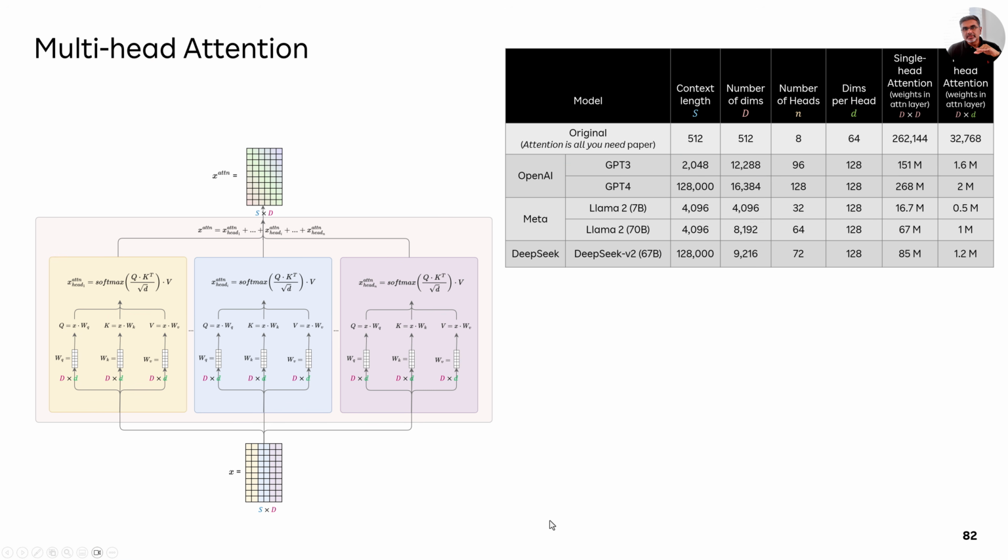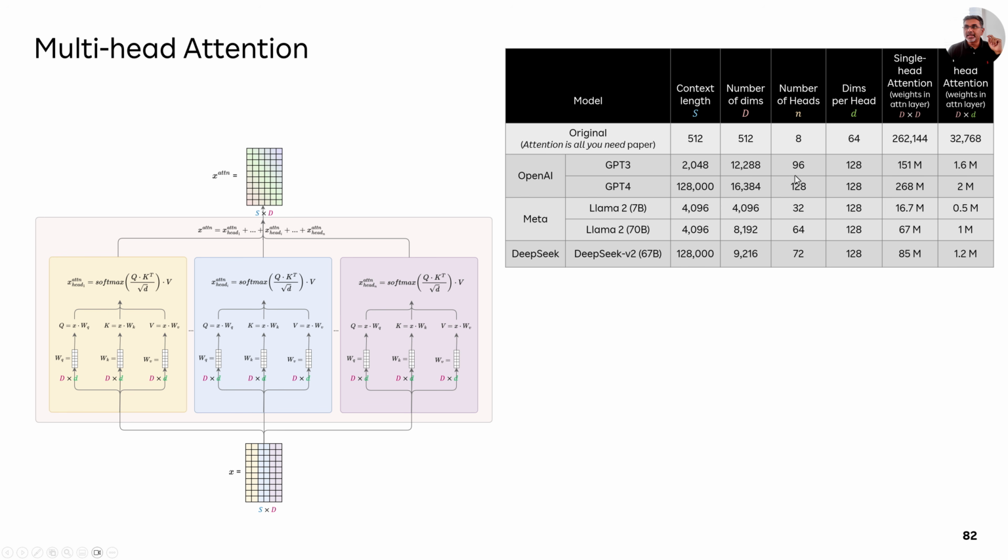But prior to that, just to kind of give you a glimpse of what a real life production transformer looks like and how many dimensions it has. If you look at the original paper, Attention Is All You Need, they said that the context length is 512, which means the total number of rows or the total number of tokens that they can see simultaneously is 512. And it has 512 different dimensions. But if you look at GPT-3, it said it can simultaneously see about 2000 tokens at a time, and the dimensions is 12,288 dimensions per token, right?